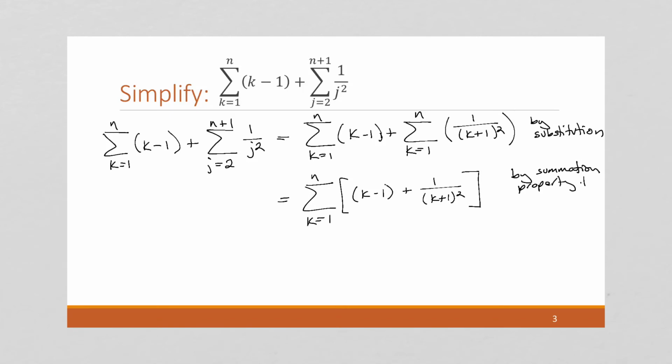And again, we could simplify the algebra in here a little bit, but I'm not as concerned about that. Let's do it very quickly. So I'm going to multiply this by k plus 1 squared to get a common denominator.